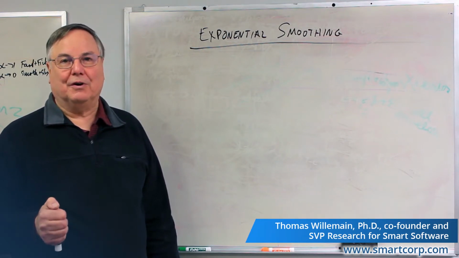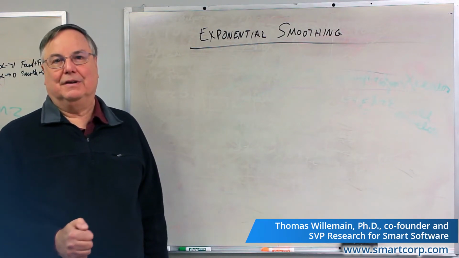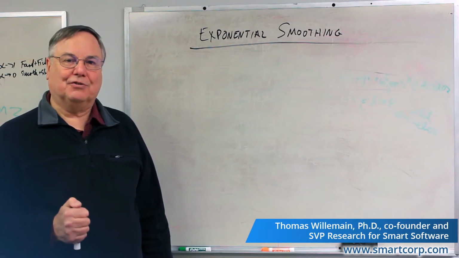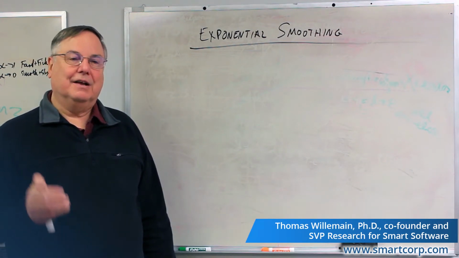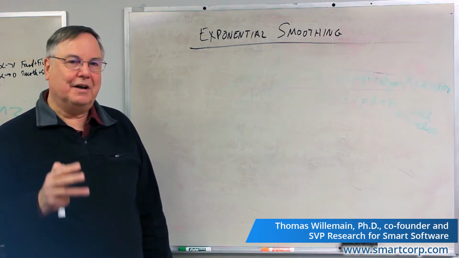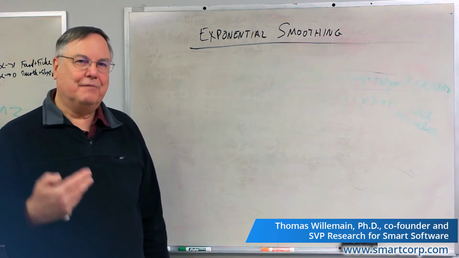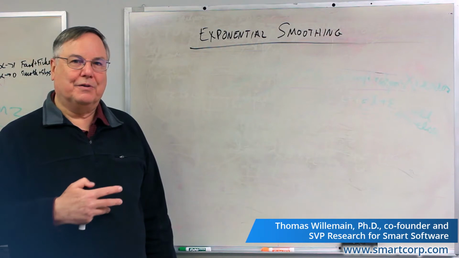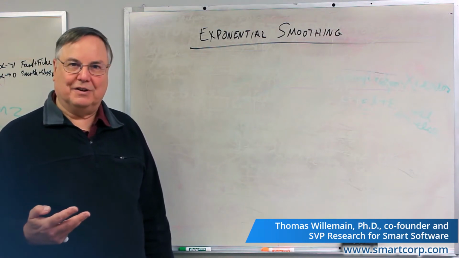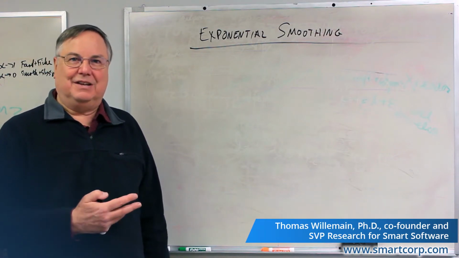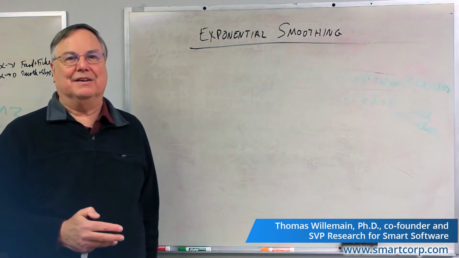So, first of all, what is it about? The essence of exponential smoothing is to say there is an underlying pattern in the data. Life covers that pattern with an overlay of noise, an irritating, misleading, zigzagging of data.